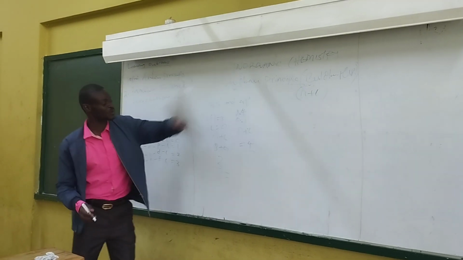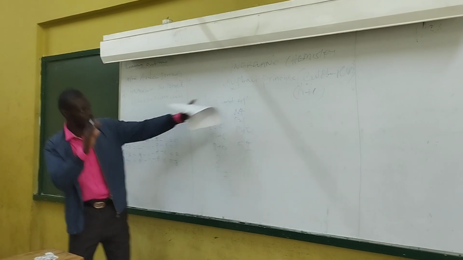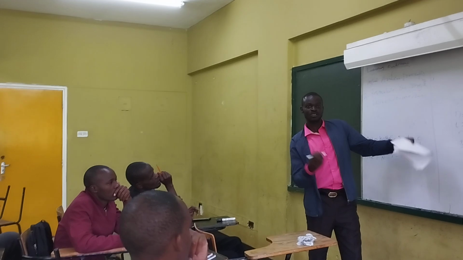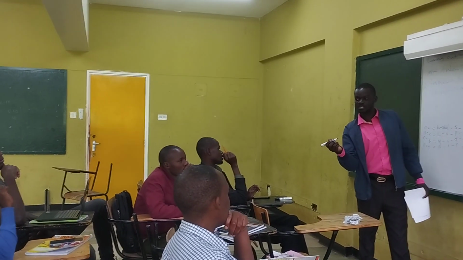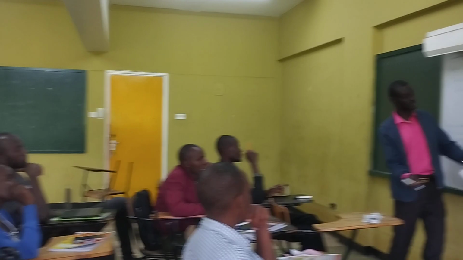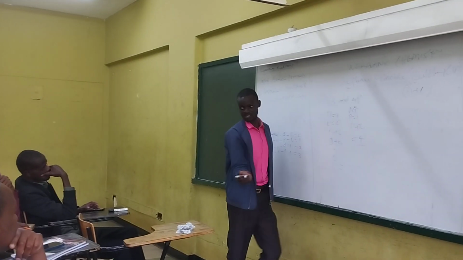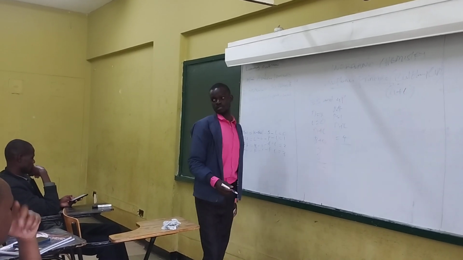So when filling these, which one do we start with, according to the Aufbau principle, which states that electrons will fill from the lowest energy level to the highest? Which one has the lowest energy level? It is s. So we first fill the s orbital and then we go to the p orbital.